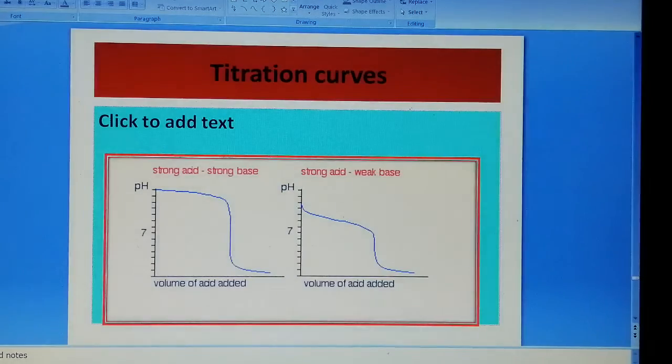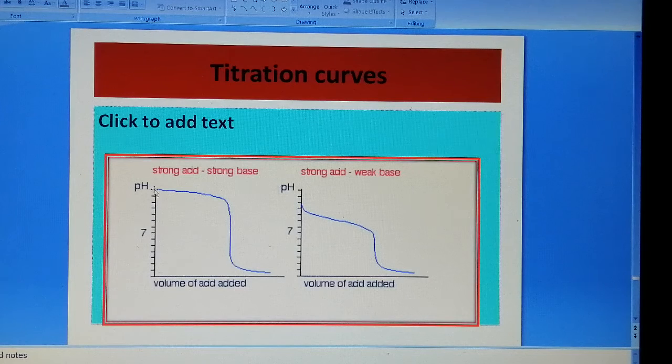First we will see these 4 different curves, which are very important for you. This is a strong acid, strong base. Here you can see the pH, here it is 14. So we are taking a strong base and we keep on adding a volume of acid. How do you know whether you took a strong base or acid?